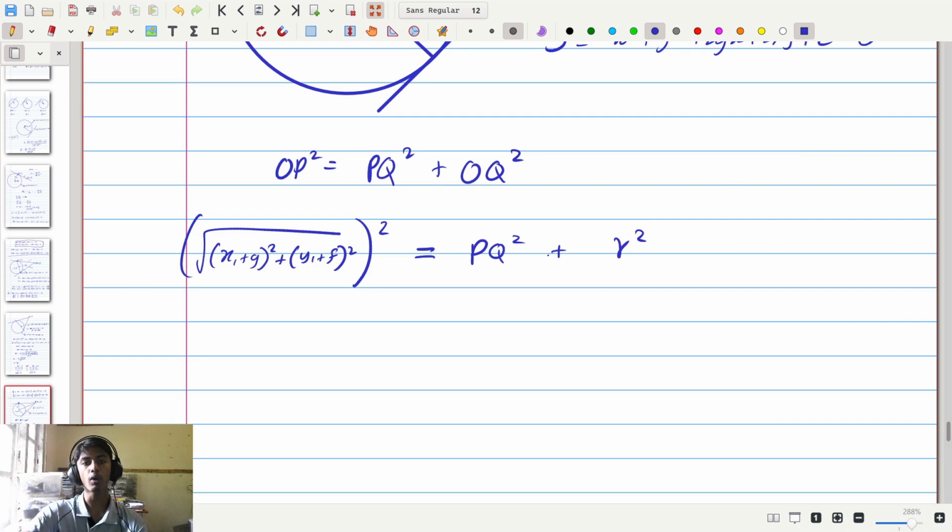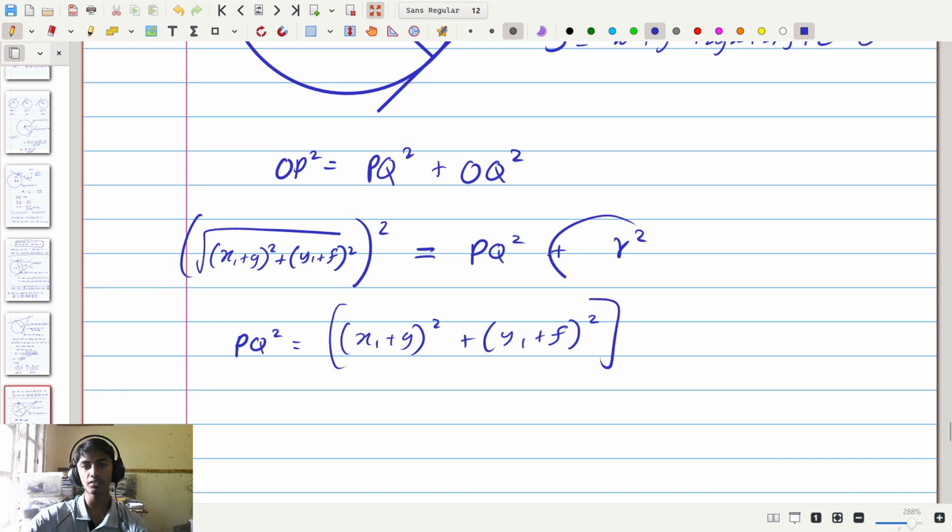So then, what we want to find is PQ. So let's isolate PQ by taking this r squared to the other side. Doing so, we get that PQ squared is equal to, simplifying this, the square root and the squared will cancel, leaving us with just (x1 plus g) squared plus (y1 plus f) squared, and then minus r squared on the other side.